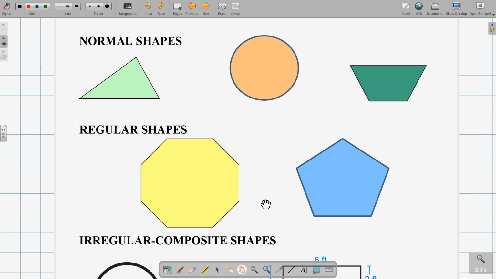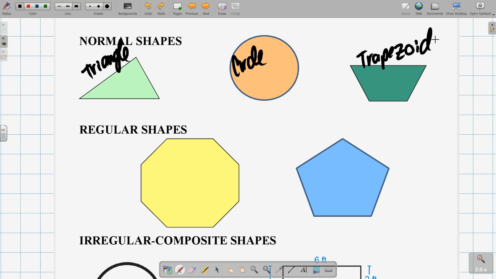Normal shapes are just your single shape items that you can name as a single item, such as a triangle, a circle, a trapezoid.